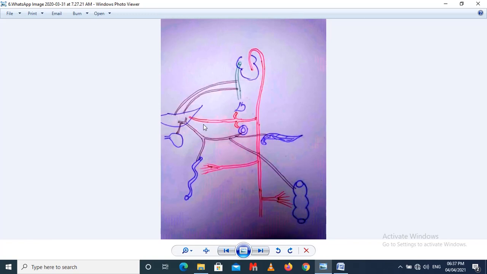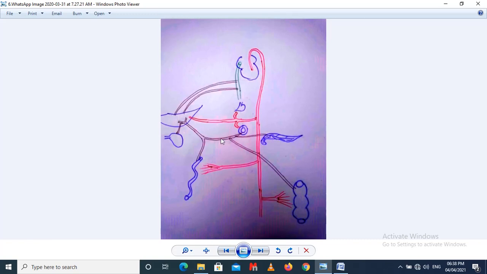When the digestive substances are absorbed inside the gastrointestinal tract, they are absorbed with the help of what? The superior mesenteric vein and the inferior mesenteric vein. There is also a gastric vein, which combines with the splenic vein over here, but I have not mentioned that for the sake of simplicity.